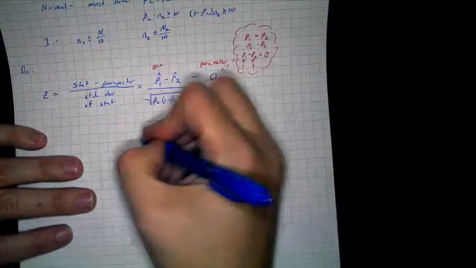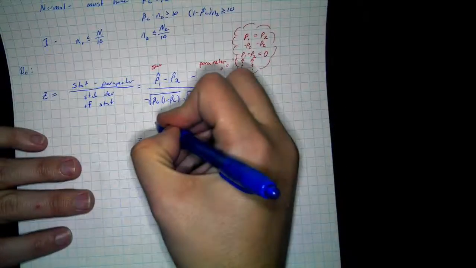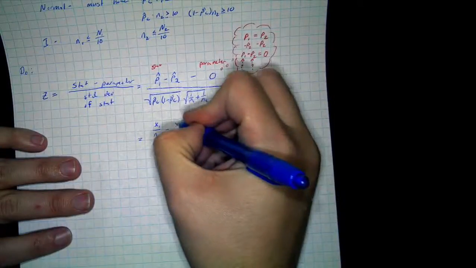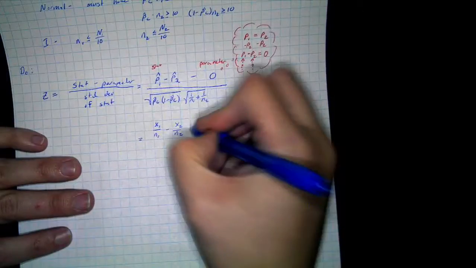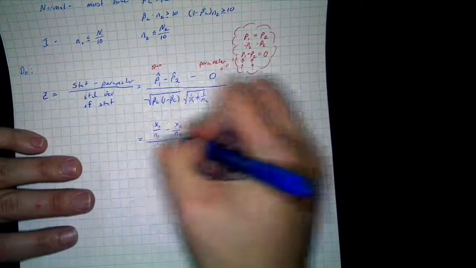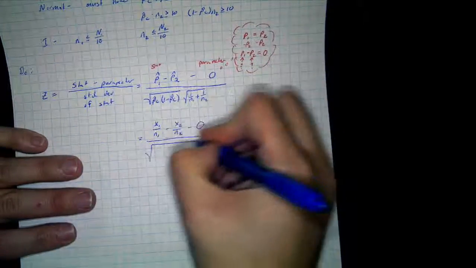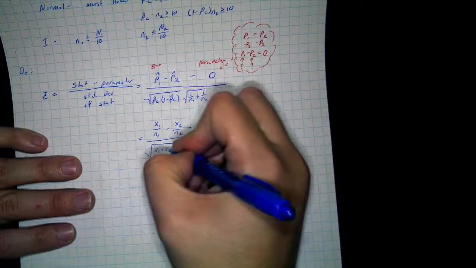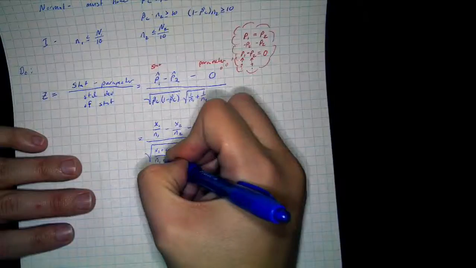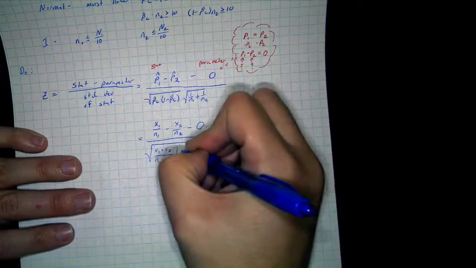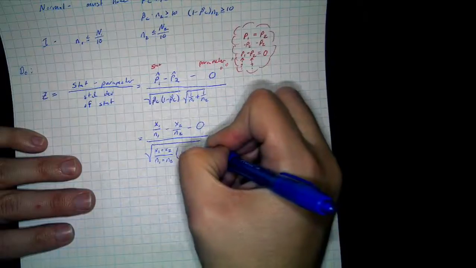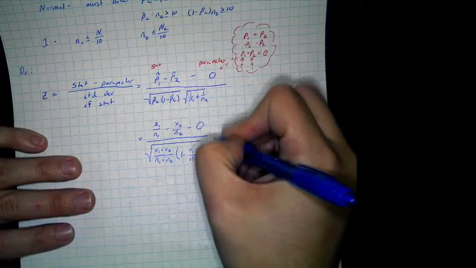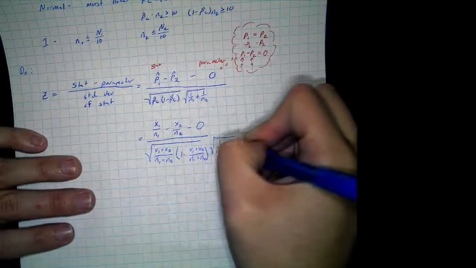And so the way that would look, for those of you who are wanting things a little more complete, would be x1 over n1 minus x2 over n2 minus 0 over the square root of, now this p hat c is going to be x1 plus x2 over n1 plus n2, times 1 minus x1 plus x2 over n1 plus n2, times the square root of 1 over n1 plus 1 over n2.